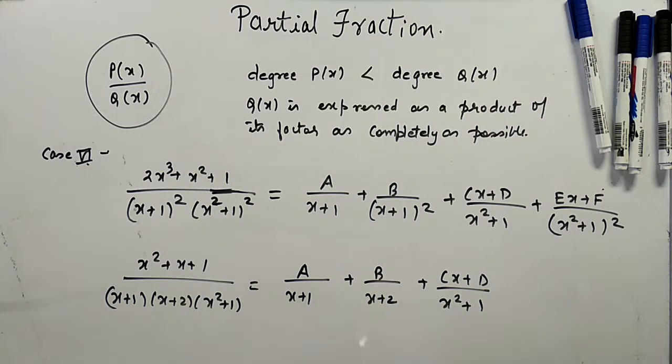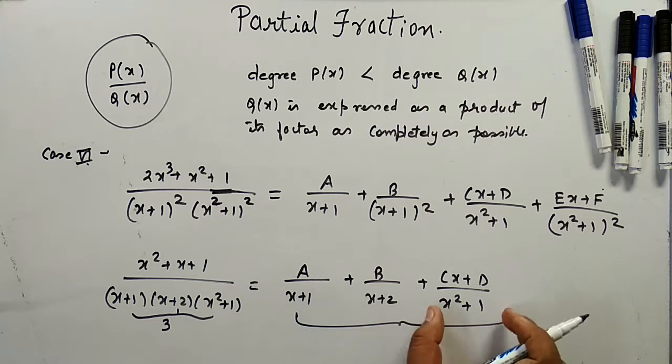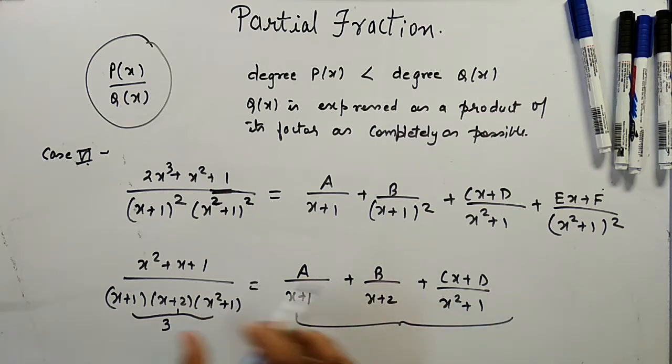And one thing that you can also see here is that, depending on the number of factors in the denominator of this rational expression, there are 3 factors, and depending on the number of factors in the denominator we can do the partial fraction decomposition of this rational expression.